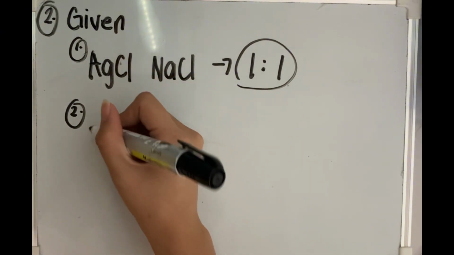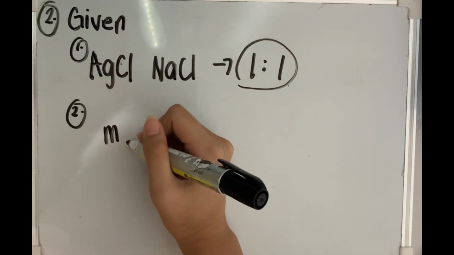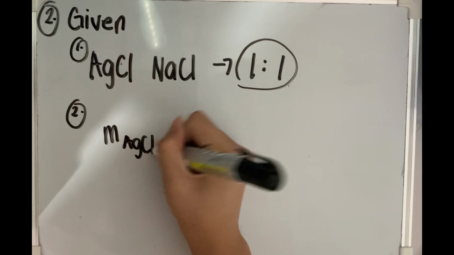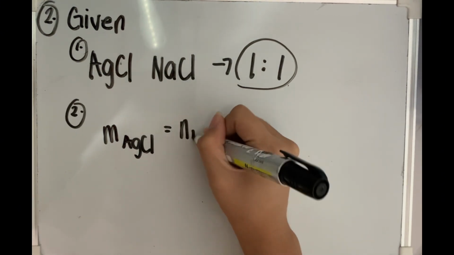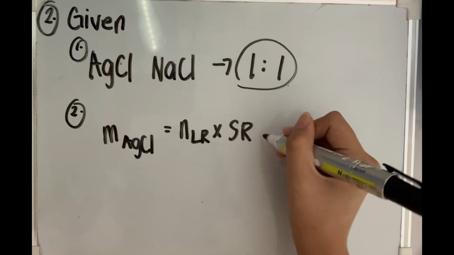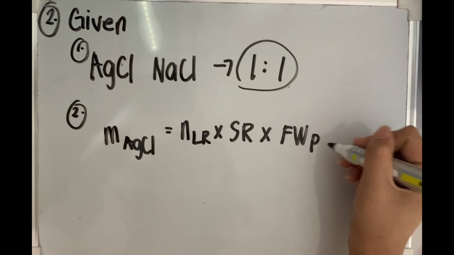So we already know that the formula for that is, since our precipitate is AgCl, moles of the limiting reactant times stoichiometric ratio times FW of the precipitate.